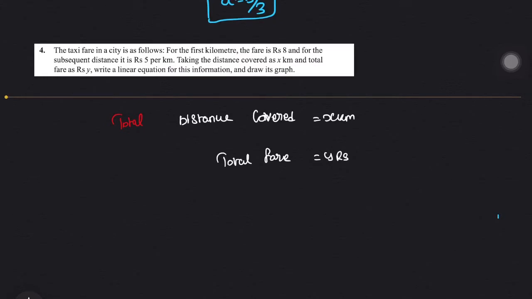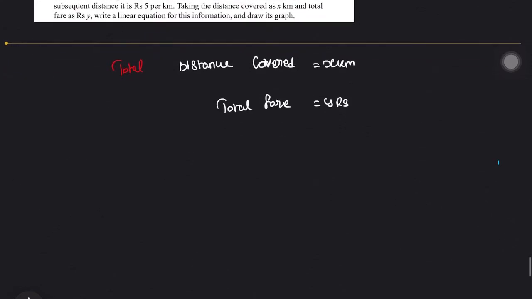The first one, we need to write the linear equation. The given data is the total distance is x and total fare is y. And also the question mentions the first kilometer is a fixed charge. So first kilometer fare is 8 rupees.